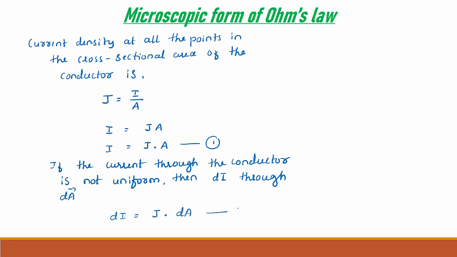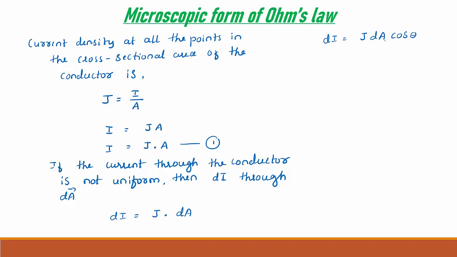This is for a small amount of current because we assumed the electric current through the conductor is not uniform. Now dI equal to J dot dA. This is a dot product, so we can write it as J dA cos theta, where theta is the angle between J and dA, that is, current density and cross-sectional area.